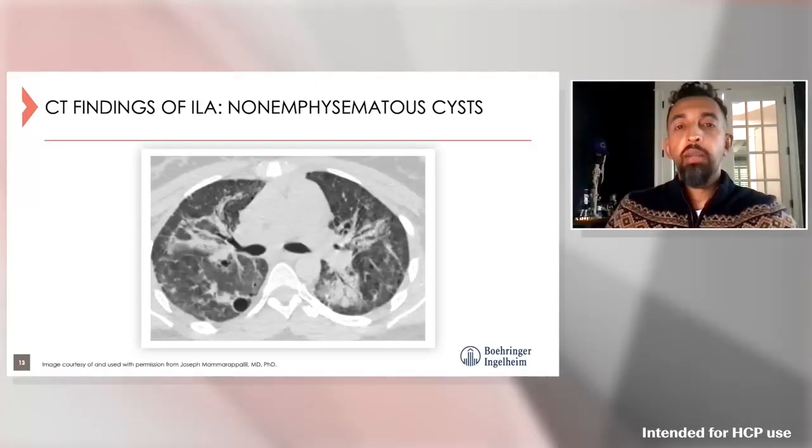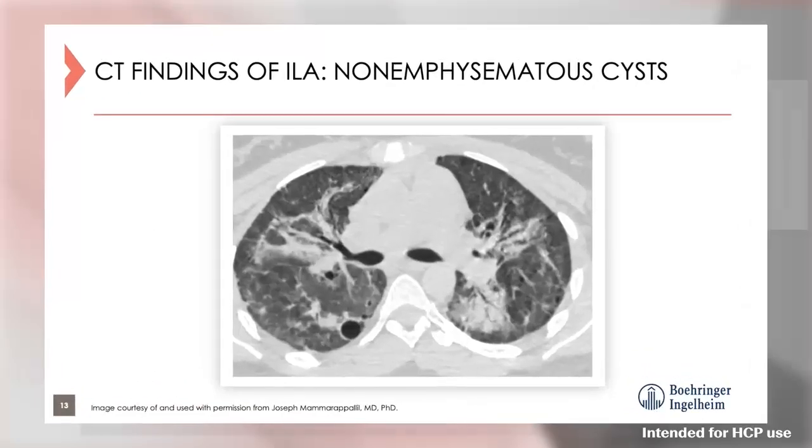Another CT finding for interstitial lung abnormality is non-emphysematous cysts. As we've seen with our patients with definite fibrotic lung disease, occasionally where they have these architectural distortions, reticulation, and traction bronchiectasis, you'll see areas of cystic change. We nicely show it here in the right lower lobe. This patient definitely has pulmonary fibrosis, evidenced by basilar traction bronchiectasis.